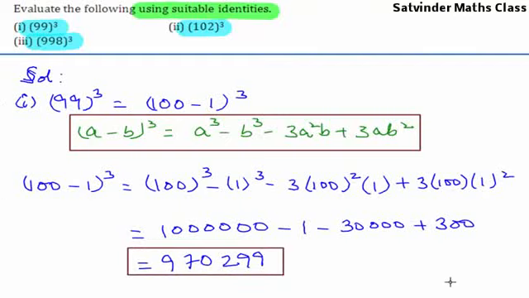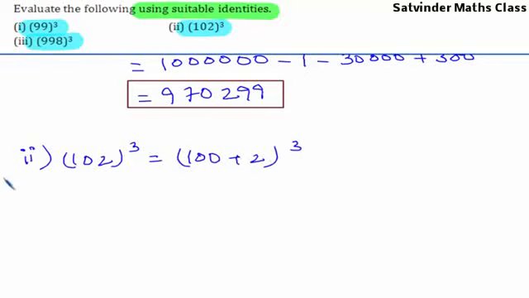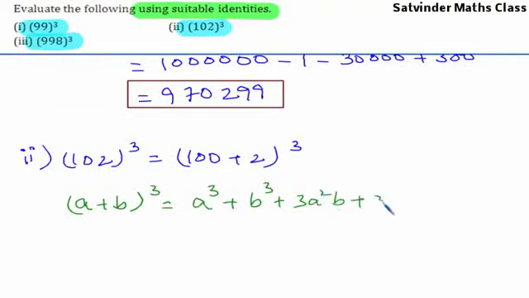which is the value of 99 whole cube. Now let us take the second one, which is 102 whole cube. This can be written as (100 plus 2) whole cube. Here let us recall the identity (a plus b) whole cube is equal to a cube plus b cube plus 3a square b plus 3ab square.